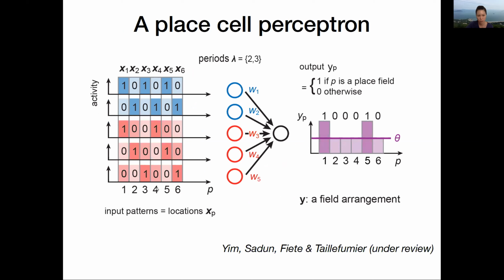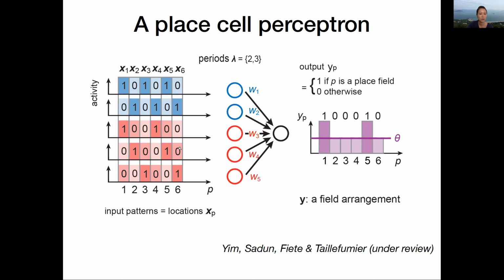As an illustration, we consider 2 grid cell modules with periods lambda equals 2 and 3, a simple example. In this case, we have 2 grid cells with period 2 and 3 grid cells with period 3, so there are 5 grid cells in total, and they can represent 2 times 3 equals 6 locations distinctly, because beyond that the pattern will just repeat.